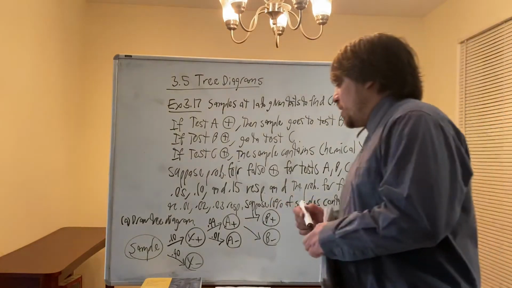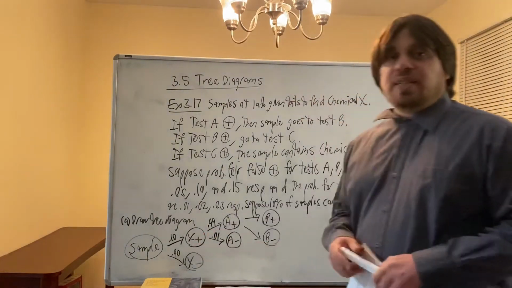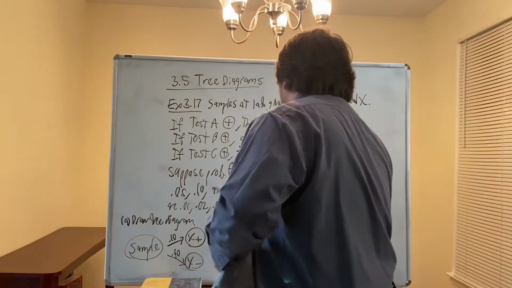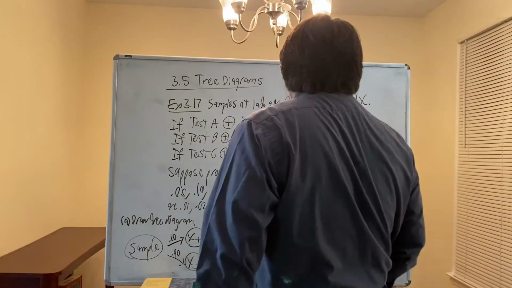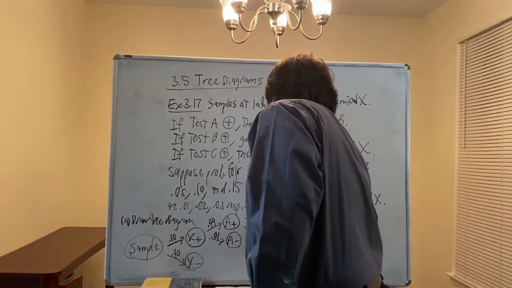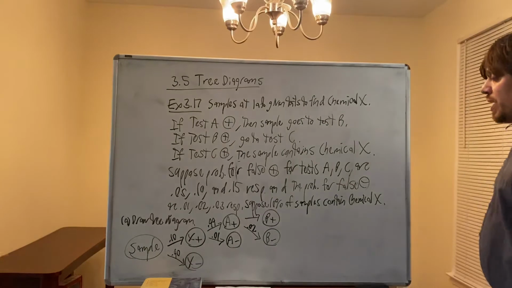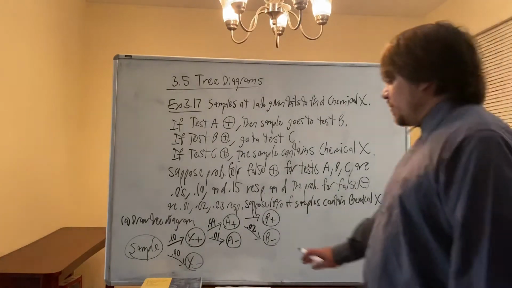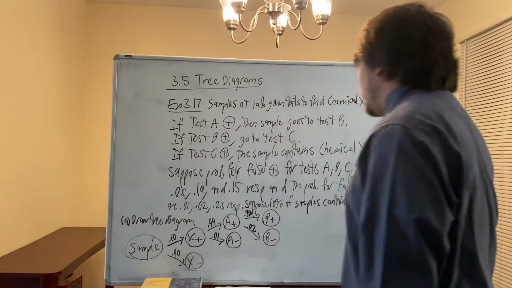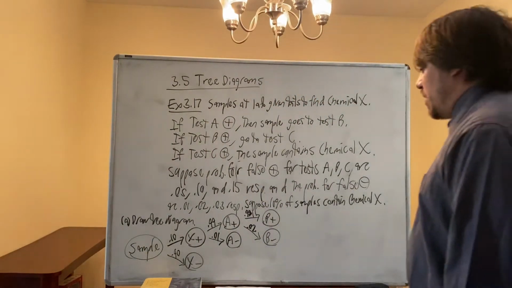You'd want it to come back positive because chemical X is still in your sample. A false negative would be a 0.02 chance. So there's a 2% chance that test B would be wrong and say it's not there. That means there's a 98% chance, 0.98 chance, of test B coming back positive.